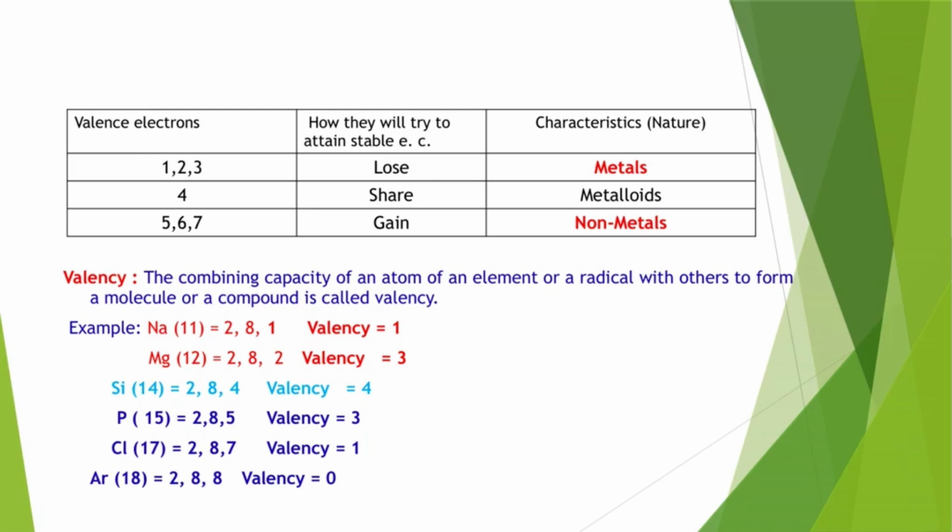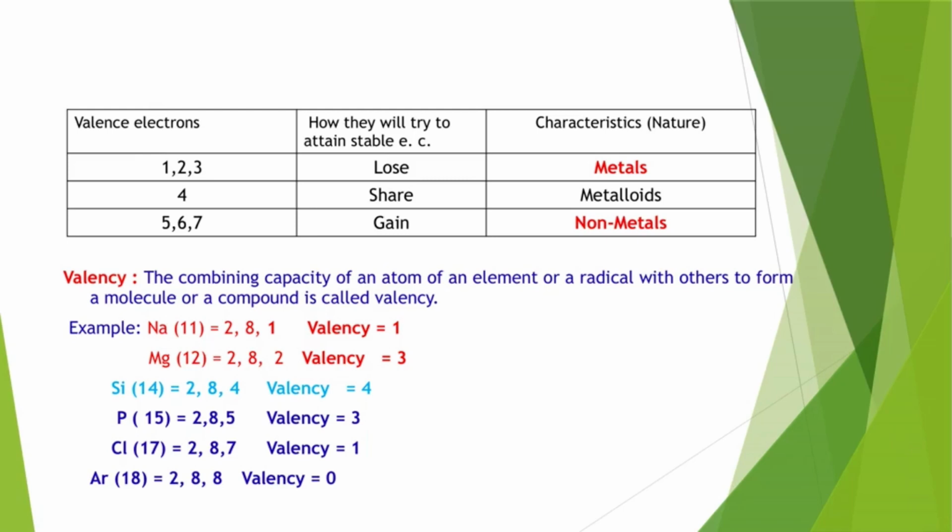Those elements having 1, 2 and 3 electrons in their valence shell are known as metals. Okay. And the elements whose valence electrons are 4 generally have less tendency to lose or gain electrons. Instead, they will try to share their 4 electrons with other elements.